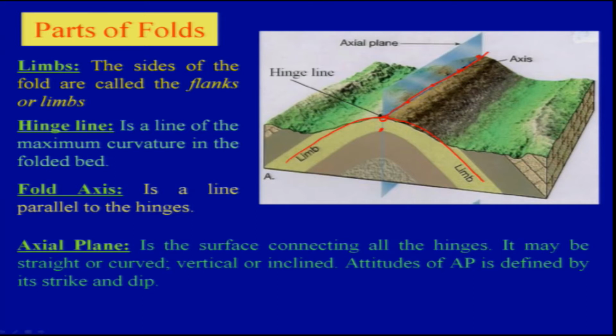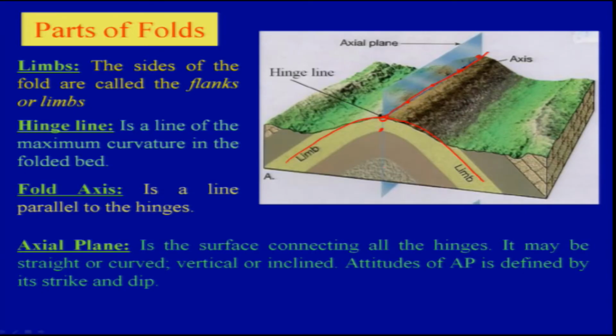If those are connected, along the axis, then that plane, which is again an imaginary plane, is termed the axial plane. The axial plane could be straight, curved, vertical, or inclined, and the attitude of the axial plane is defined by its strike and dip.